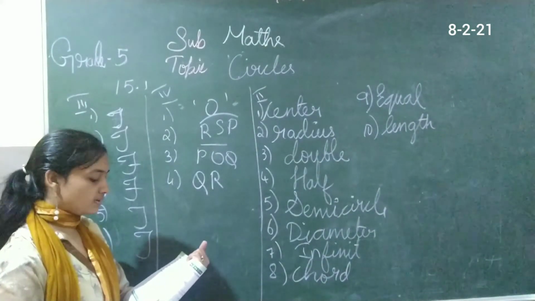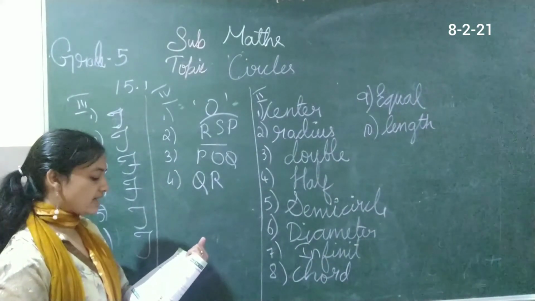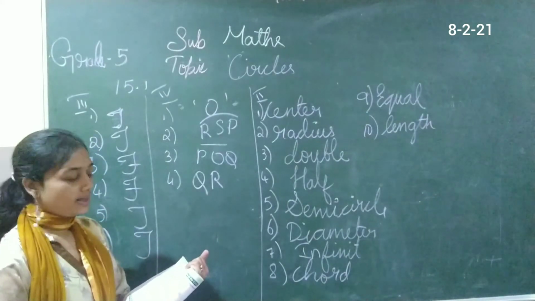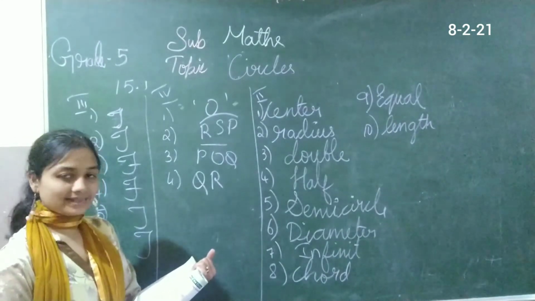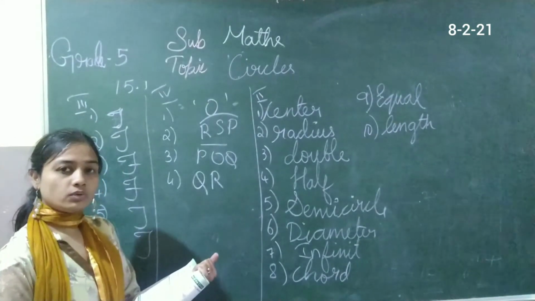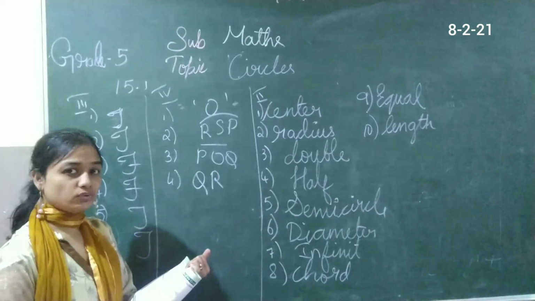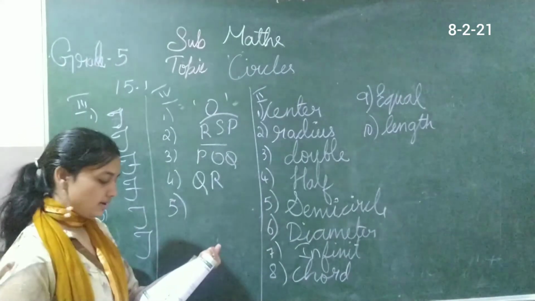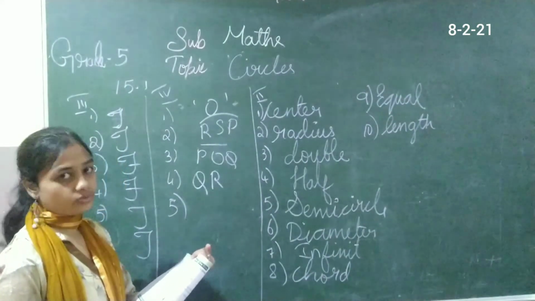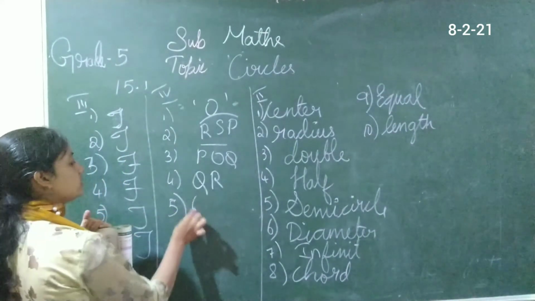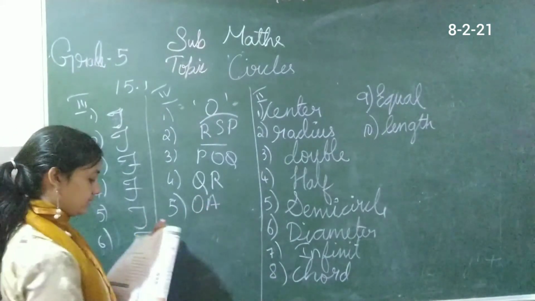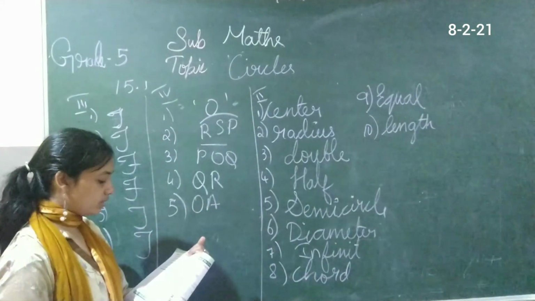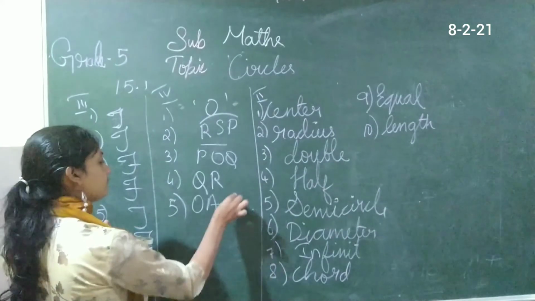Name two radius of the circle. They have asked for two radius, and you can see only one red line is a radius. But you also know that in the diameter itself you will have two radius. So in the figure I have three radius in total, but here they have asked you to write only two. So let us write one, that is OA, and one more, that is OP.